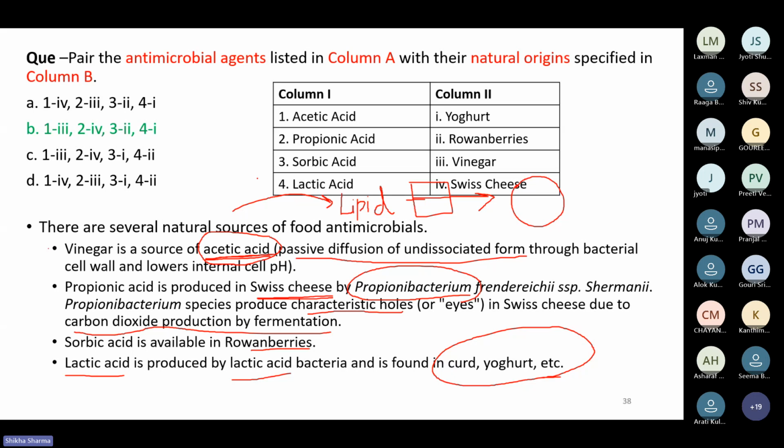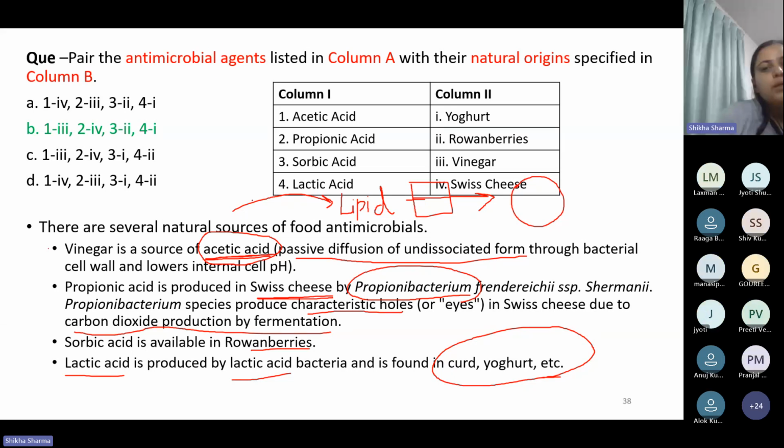Enzymes are basically proteins. So in low pH, the proteins may get denatured. If the enzyme structure is denatured, it will not be able to do its regular function, so it can affect the bacterial cells' regular functions of survival.